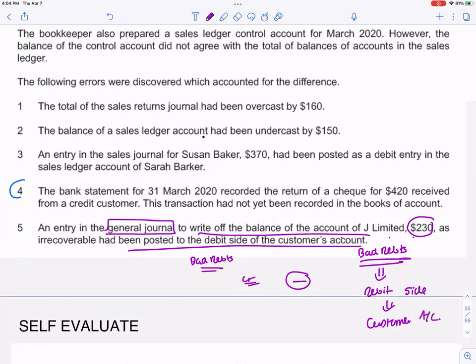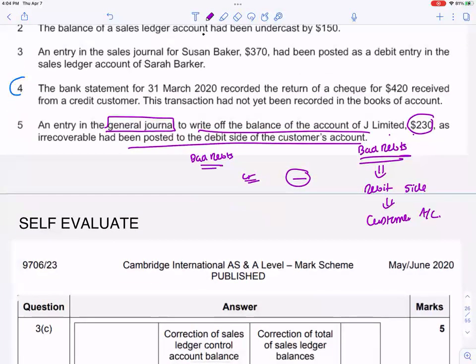Customer account appears in which ledger? In the sales ledger, trade receivable account or customer account, I have written bad debts 230 on the debit side. Is this correct or is this wrong?